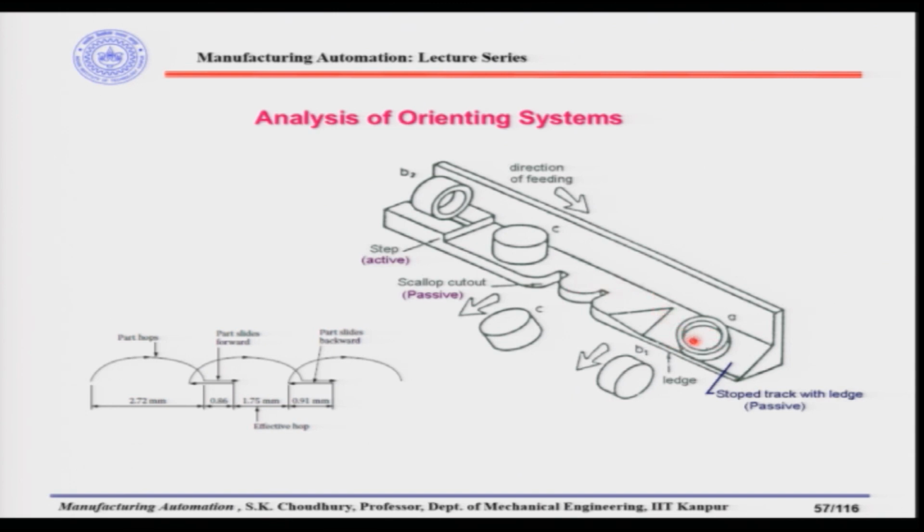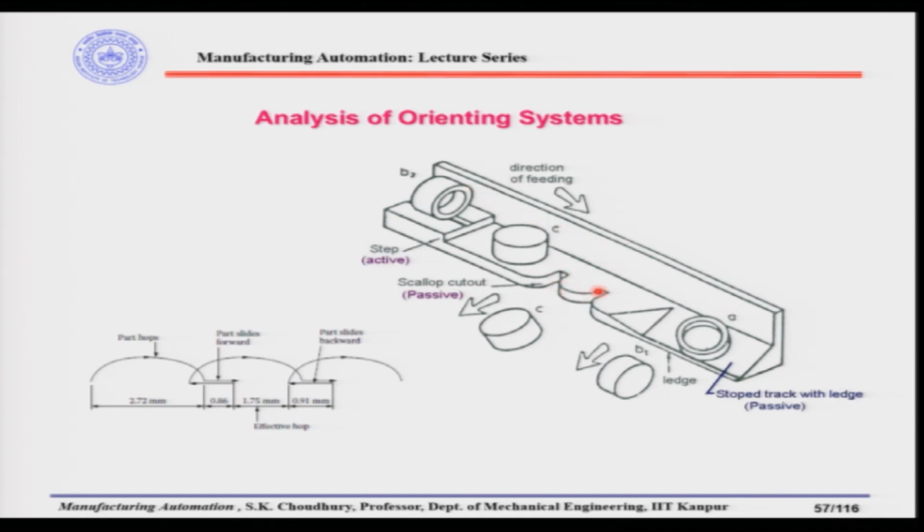Then it will come here, and this is a sloped track with a ledge. This ledge protects the parts from falling down, and all the parts with orientation A will go through. Now, suppose this is the sector of a vibratory bowl feeder, and let us see how this scallop can be made.